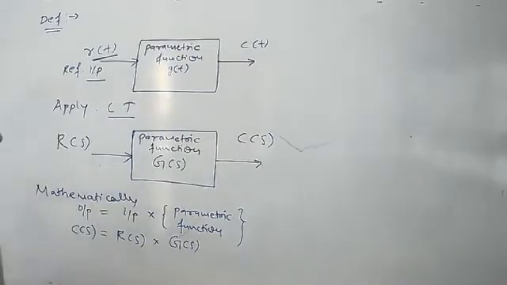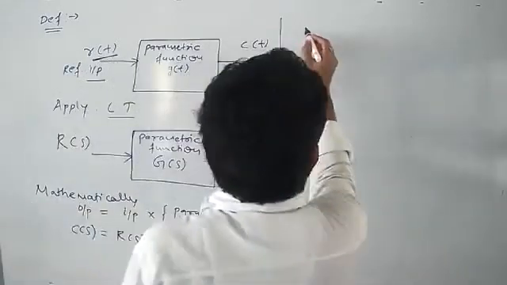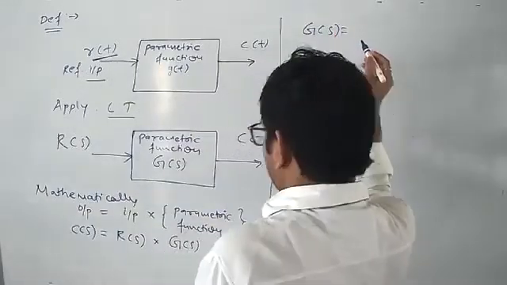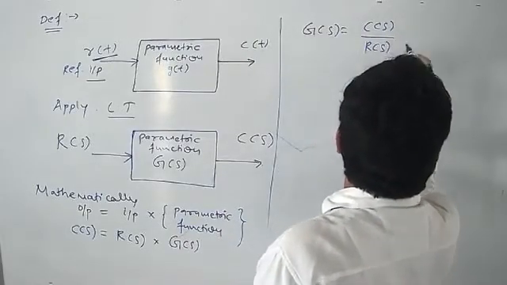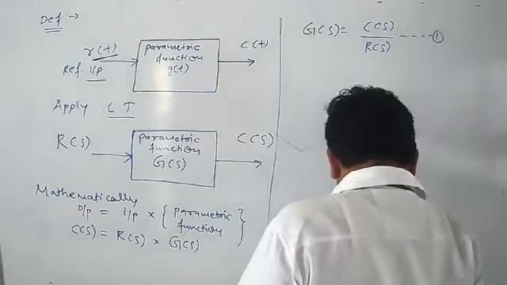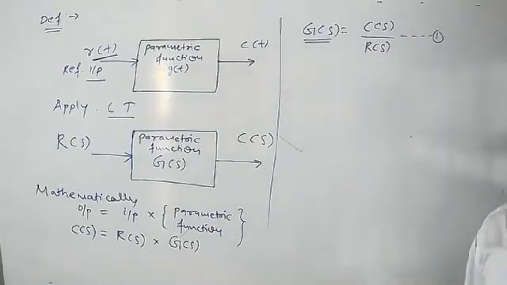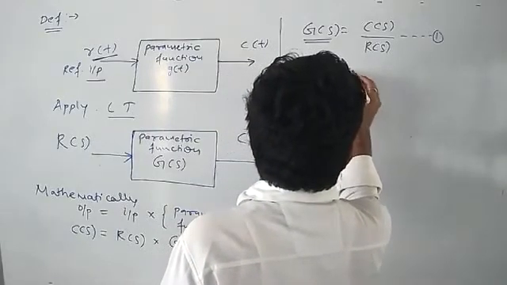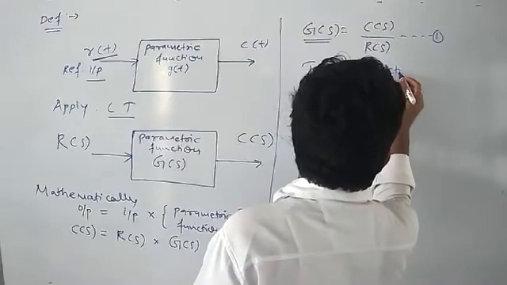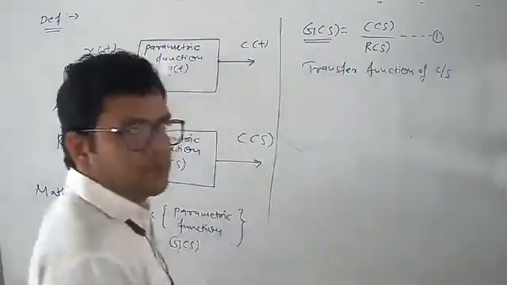Now, if you rewrite the expression, we can write G of s is nothing but C of s whole divided by R of s. Let this be equation number 1. Now, this G of s is known as the transfer function of our given control system.